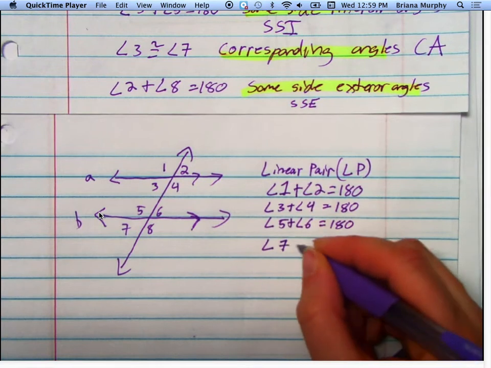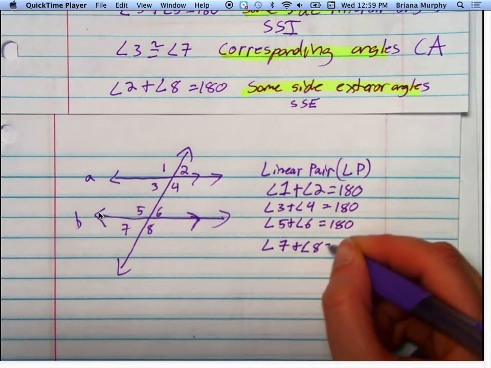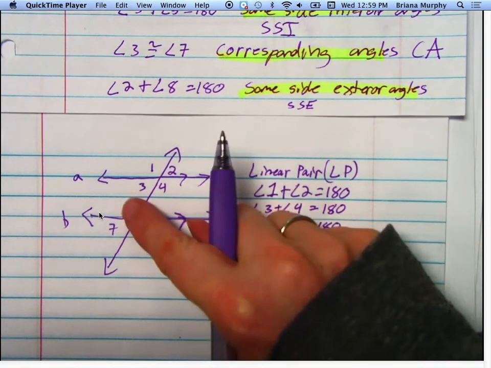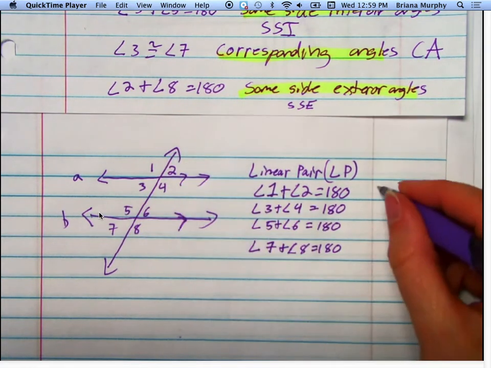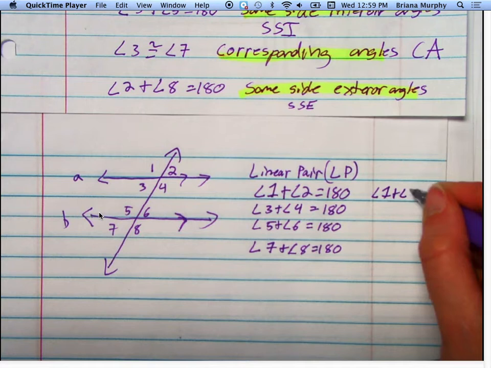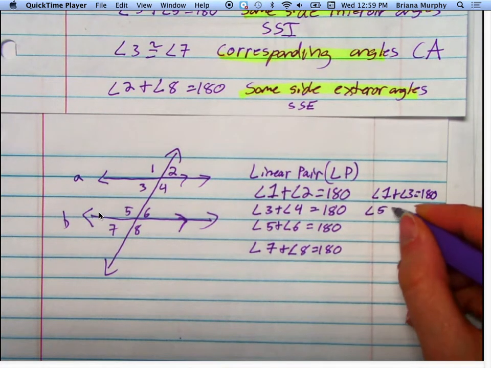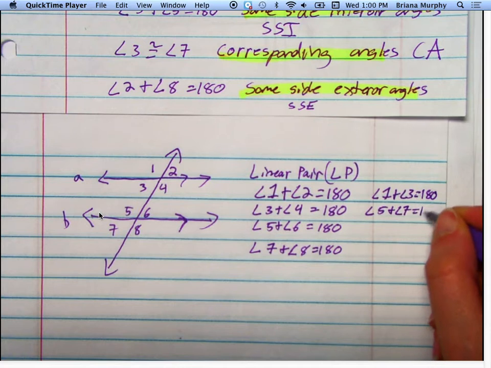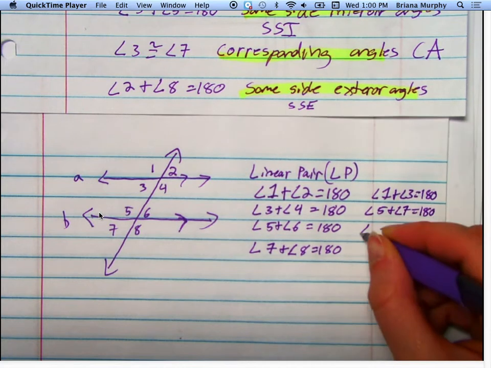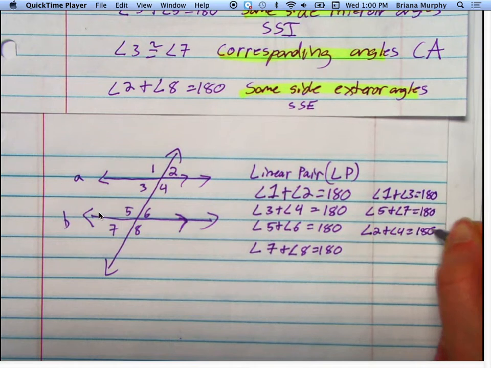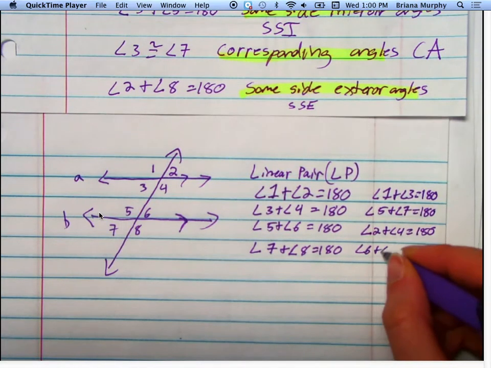Angle 7 plus angle 8 equals 180. And there are more, because you could look at it the other way. Angle 1 plus angle 3 equals 180. Angle 5 plus angle 7 equals 180. Angle 2 plus angle 4 equals 180. And finally, angle 6 plus angle 8 equals 180.